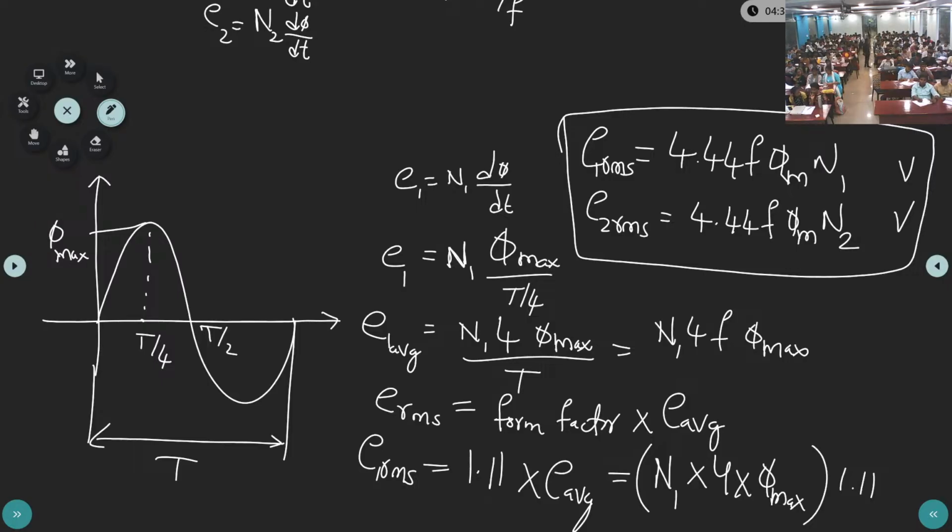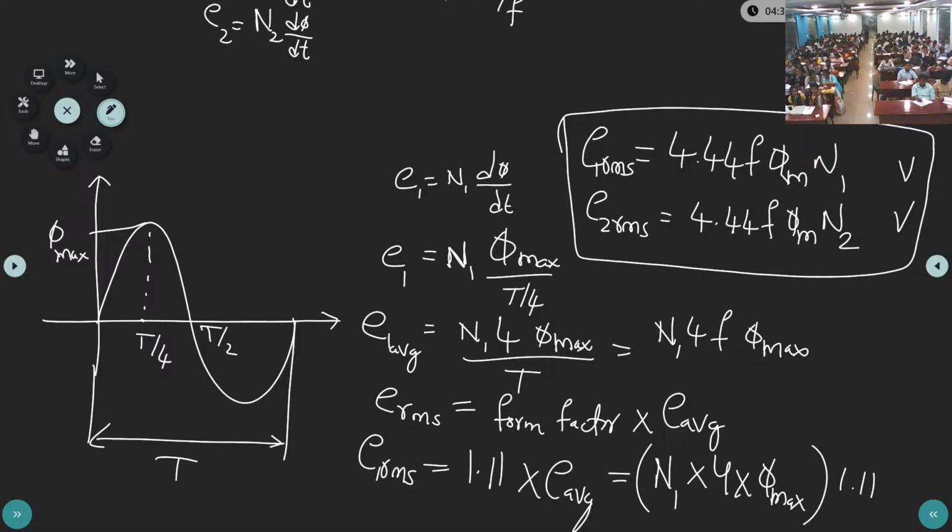Now the magnitude of this EMF depends upon which parameter? By observing the above equation, E1 depends upon which variable? The number of turns.